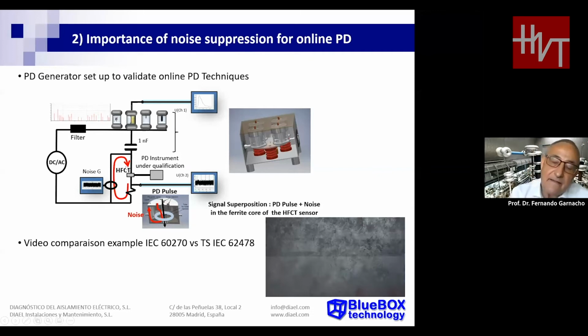In this way, we can identify the capability of the PD instrument under qualification, because we can modify the noise in different levels in order to verify if the instrument can identify the partial discharge. I have a small presentation in order to show these ideas.